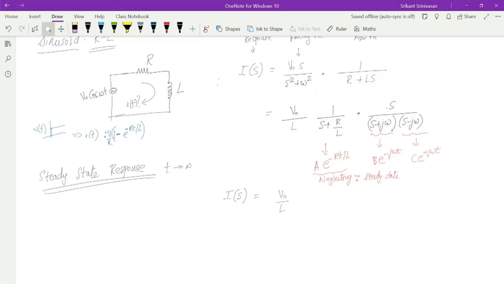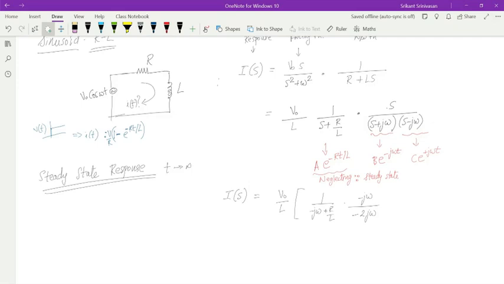So what is the method of residues? I've taken V naught by L outside. First I have to put s equal to minus j omega. What I get is minus j omega plus R by L for the first term, and the numerator is minus j omega, and the denominator is minus 2j omega. Is this correct?